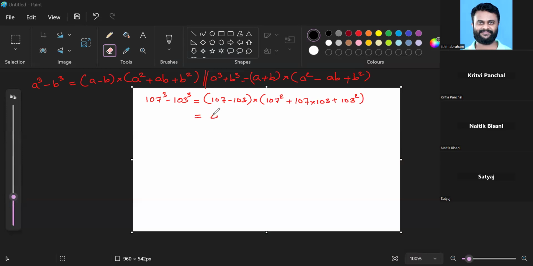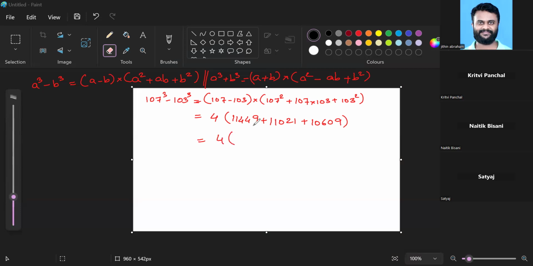Now when you subtract, this becomes 4 multiplied by 107 square, which goes as 11,449, plus 107 multiplied by 103, which goes as 11,021, plus 103 square, which goes as 10,609.